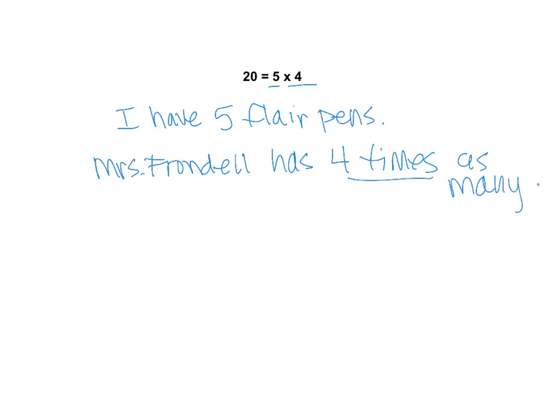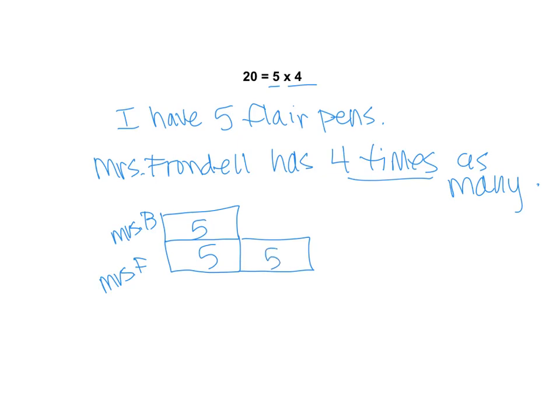So how many pens does Mrs. Frondell have? Well, if I had 5 and Mrs. Frondell had 4 times that many, that means she has 4 groups of 5. 5, 10, 15, 20.